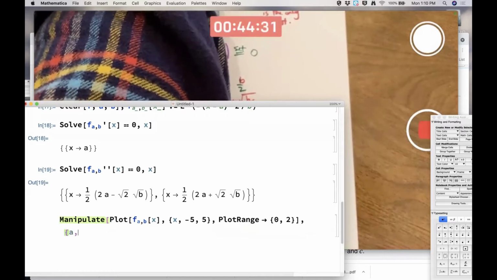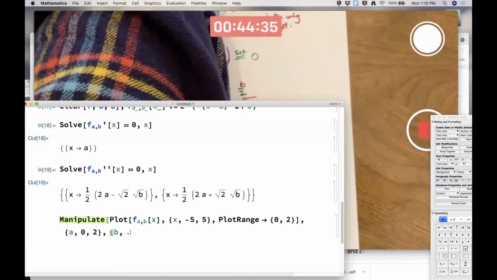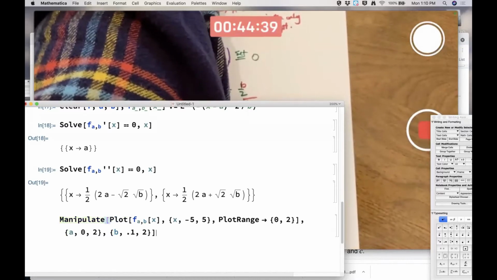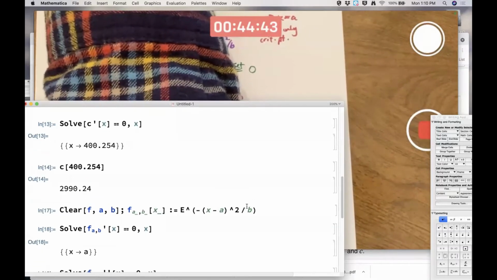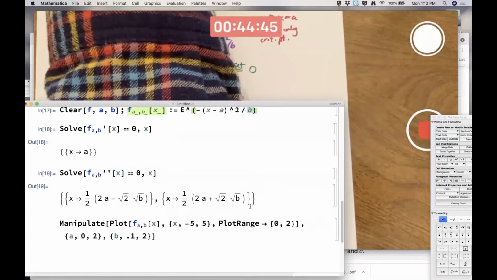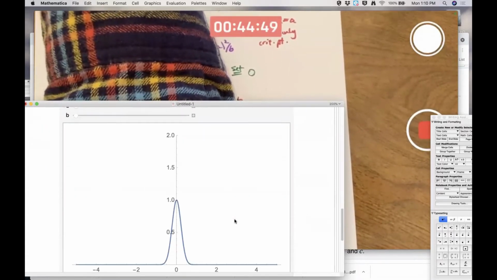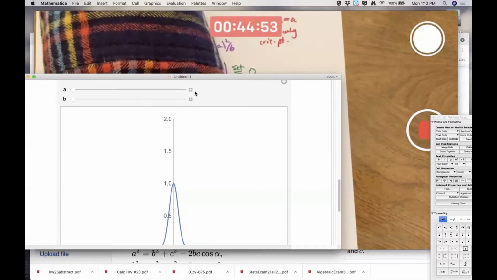Say a starts at 0 and goes up to 2, and b starts at 0.1 and goes up to 2. I can't let b equal 0 because I'd be dividing by 0 in the formula for f of x right there. There's the graph when a is 0 and b is 0.1.